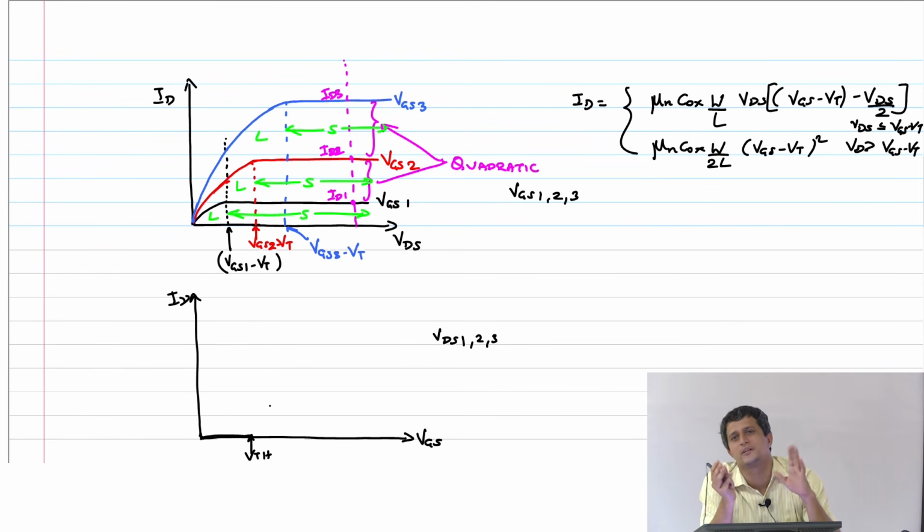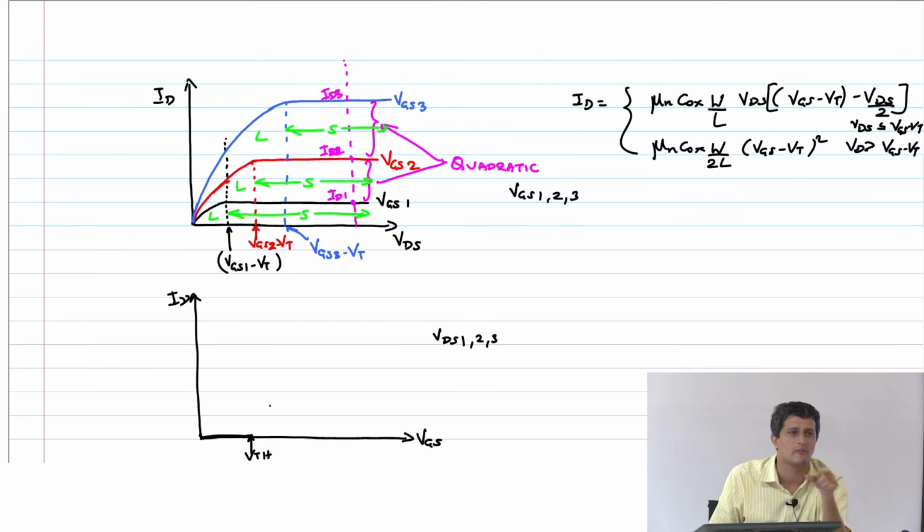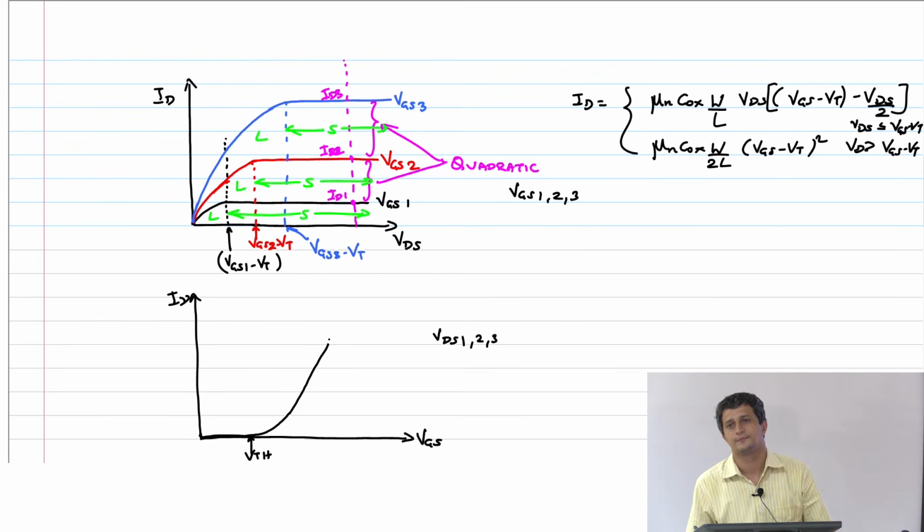VGS just exceeds the threshold voltage. It has to be saturation. So unlike the ID versus VDS plot where the transistor starts in linear and then goes to saturation, ID versus VGS will start in saturation and then go to linear, right? So therefore this is now going to be what kind of curve? Quadratic curve, right?